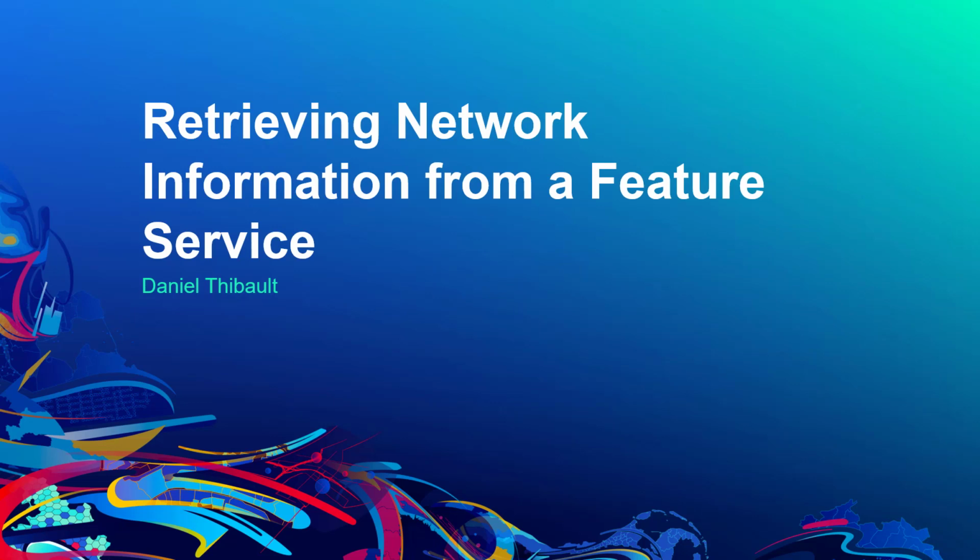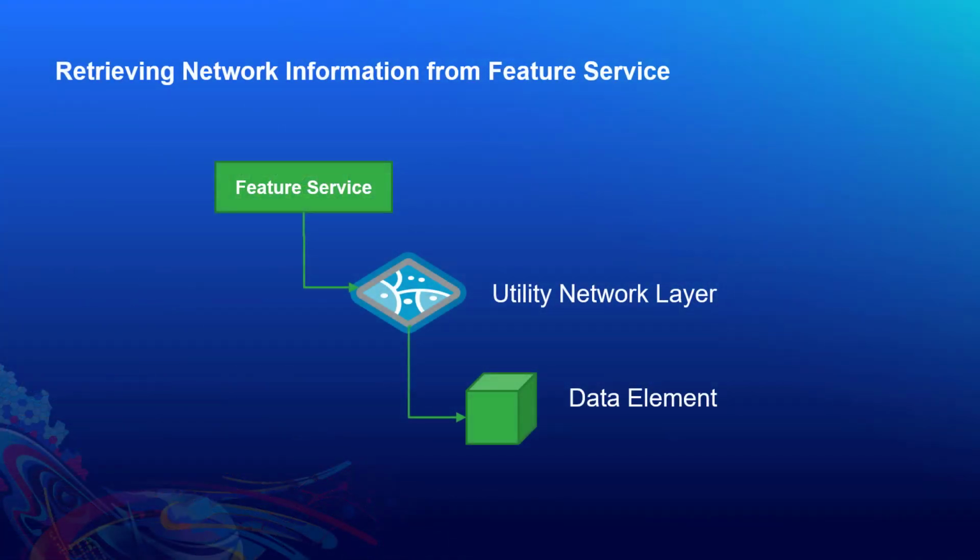Let's look at how we can get detailed information about a utility network from a feature service. The feature service provides access to feature data. There are essentially three levels where you can get more information about this data and its schema. As shown here, the top level is the feature service root. It will inform you about the service's content, such as the layers and the tables.